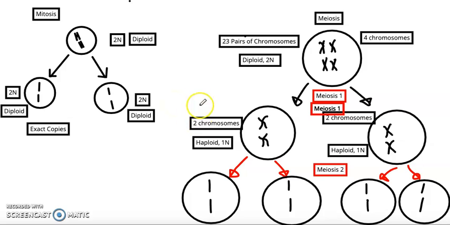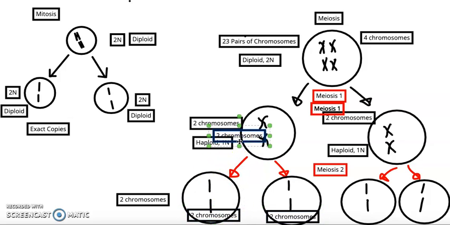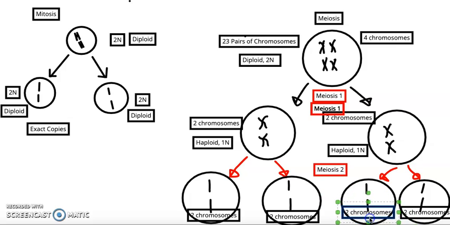So you end up still with 2 chromosomes, just like you had over there, right? Meaning, is it haploid or diploid? It's still also haploid, right? 1n. Each of these cells is haploid or 1n.